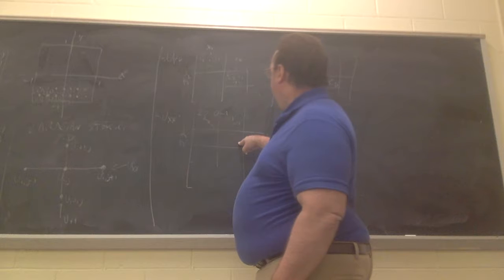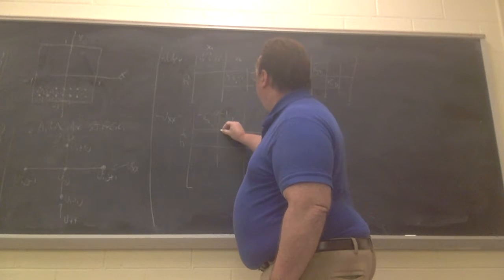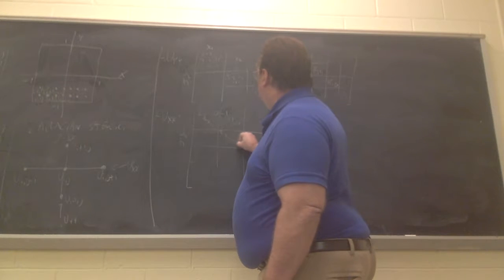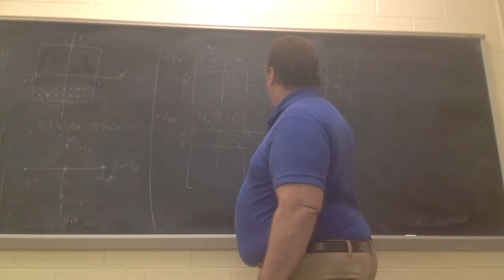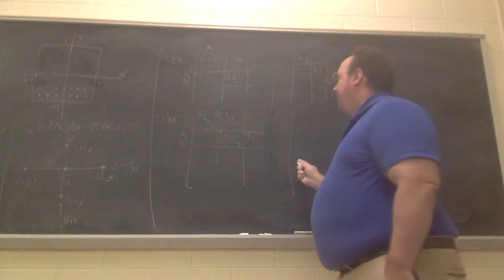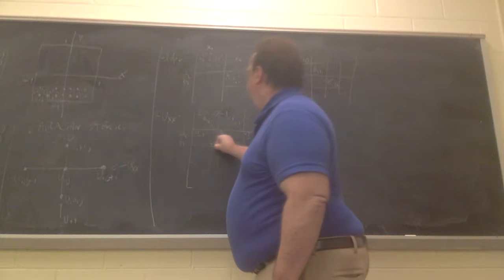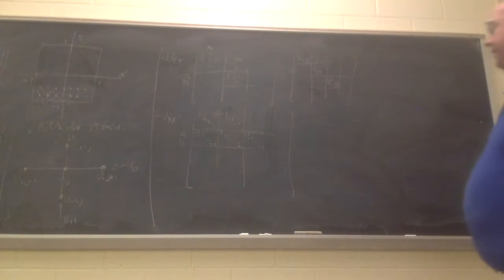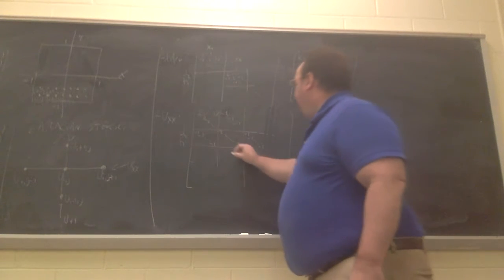For the next block, I'm going to have 2's down the diagonal, -1's n points to the right, and -1's again n points to the left. And this pattern continues.